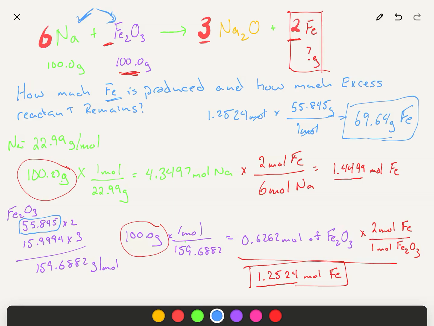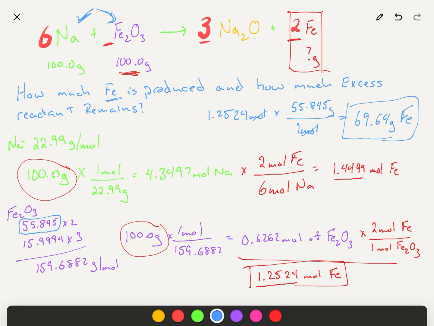But it doesn't answer the second part of our problem, which is how much excess reactant remains. So we didn't use all of our sodium, so let's figure out how much sodium we have left over.